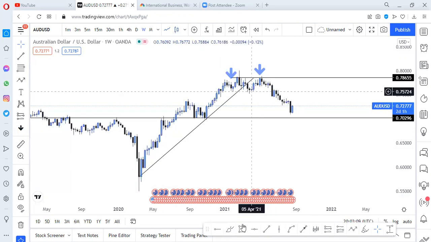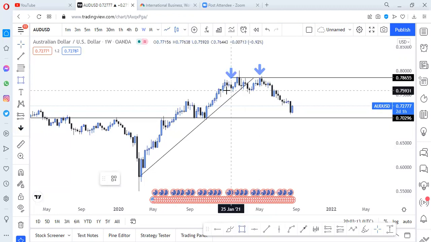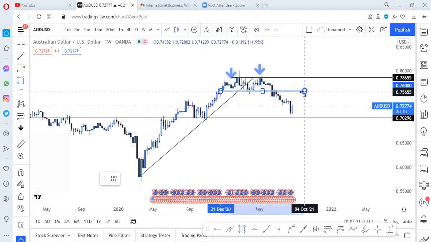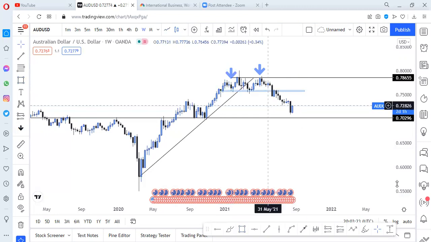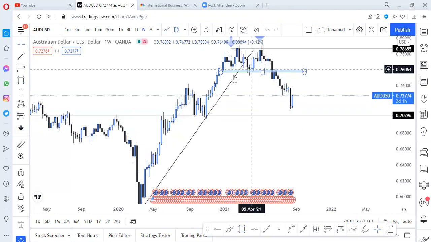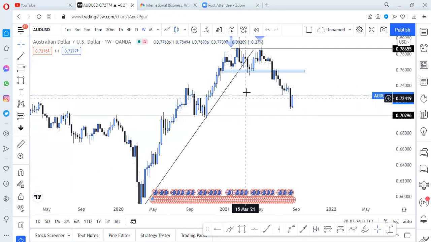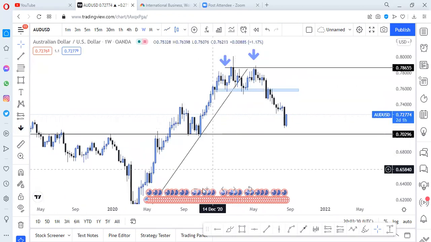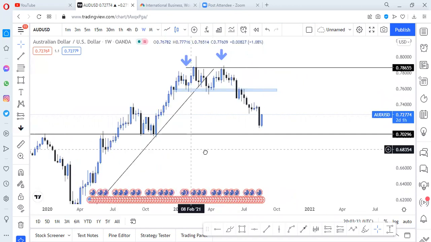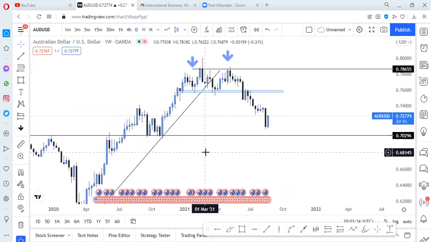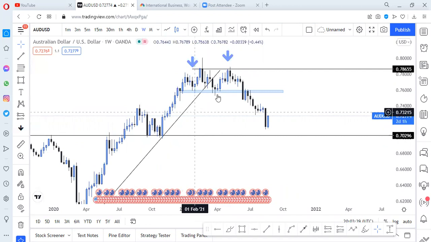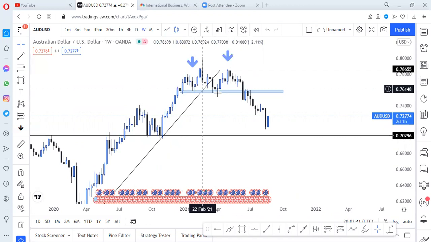And if you peep something, you can see whenever there is a double top created, there's a certain support level created in between. The support level created here in the middle is due to the formation of this double top. Where there is a double top, there's a support level in the middle.